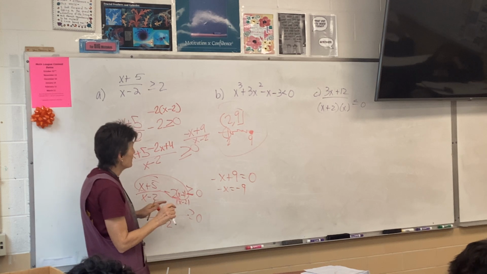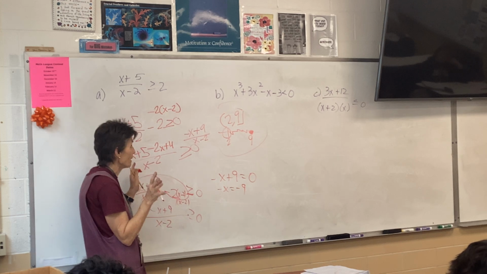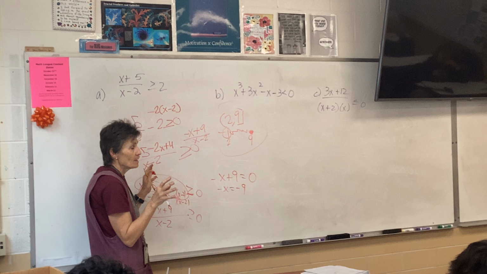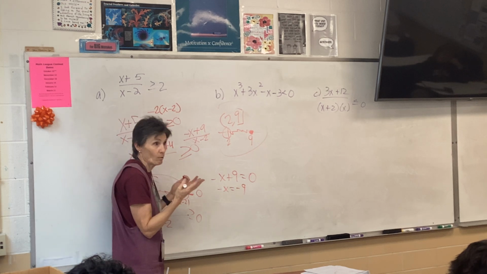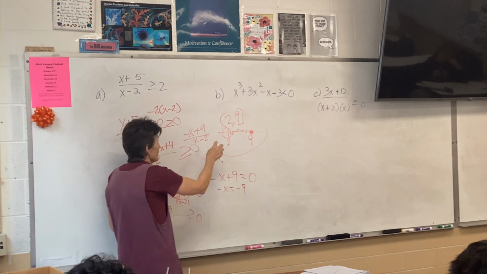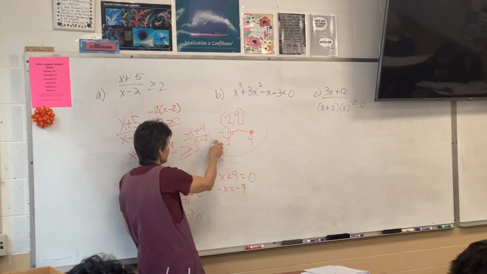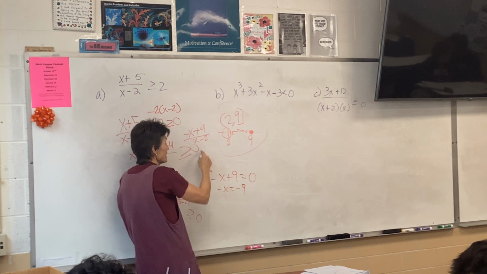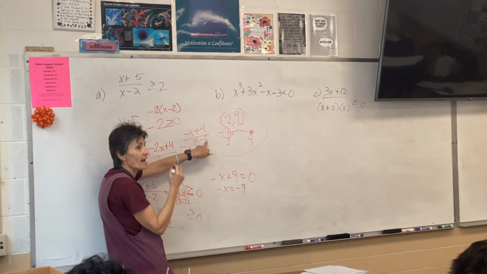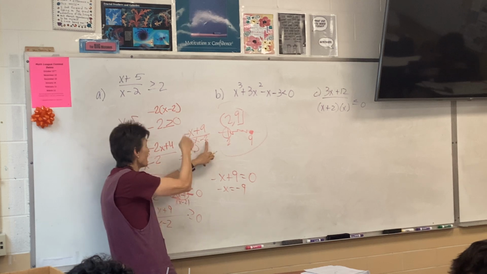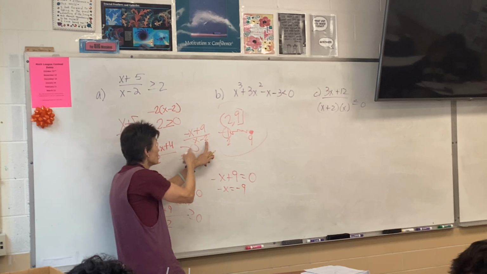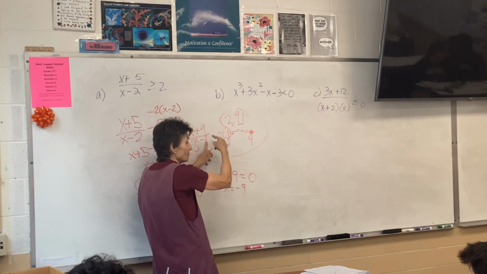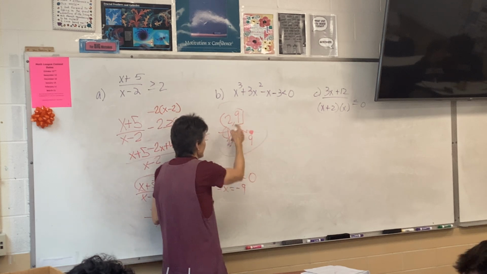Then he picked a number. If he picked 0, for example, 0 is over here. When he plugs in 0, he gets a negative number that is not positive. So he did shade, and that's how we got it.